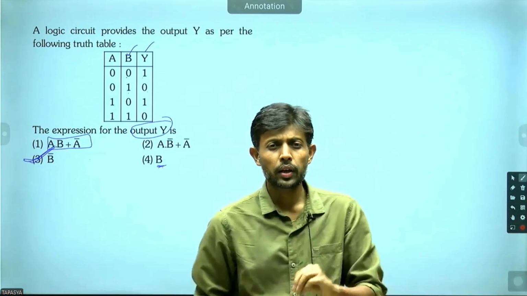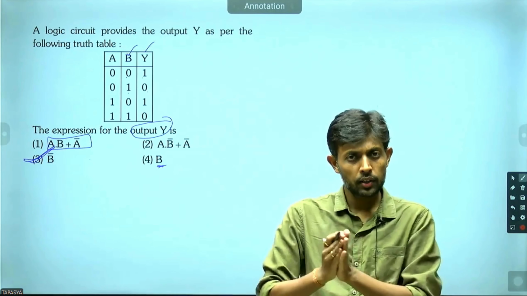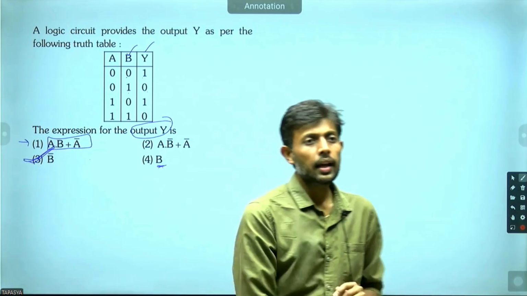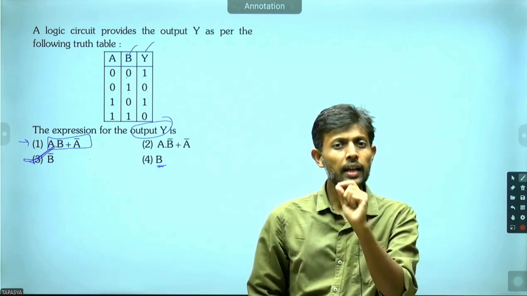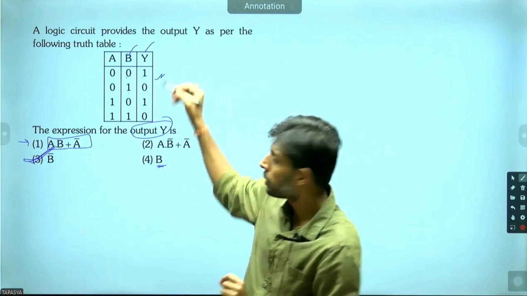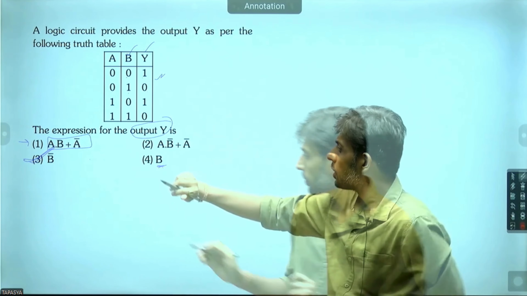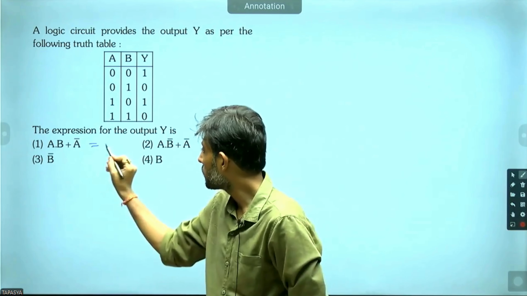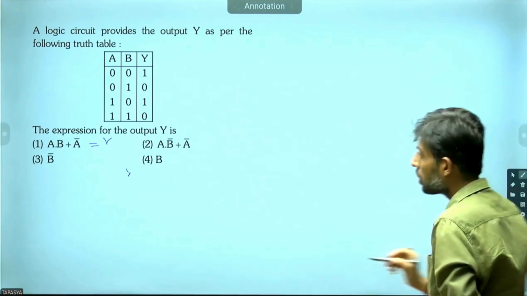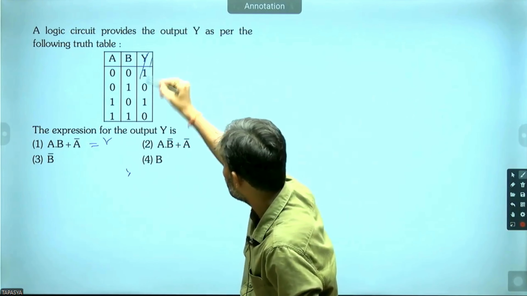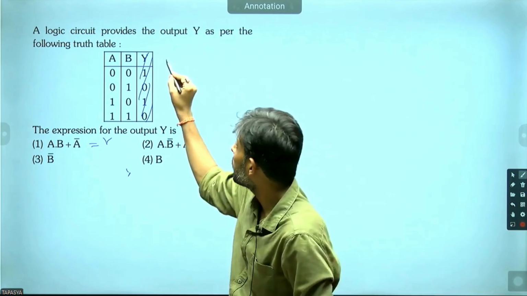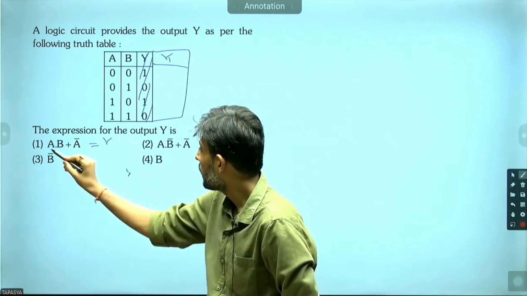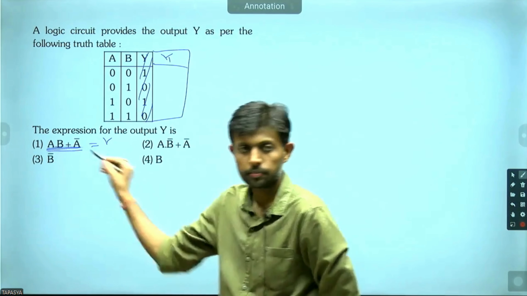But if you want to verify, if you want to go the proper way, let's pick option number 1 and see whether that matches with the truth table given to us or not. Let's draw the truth table for this. We're assuming this to be Y. So for now, we'll forget about the given Y and try to find out Y of our own, based on this expression.